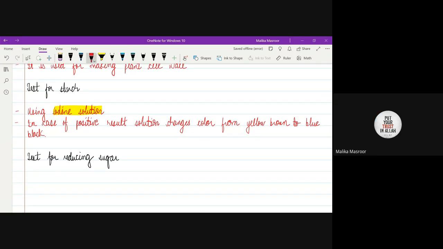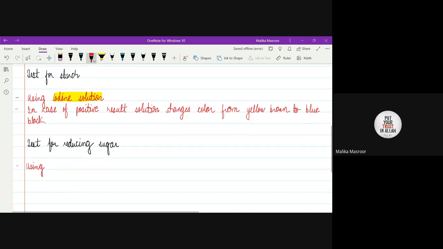So the presence of reducing sugar can be tested by using Benedict solution. And for this test, you need to heat the solution first.